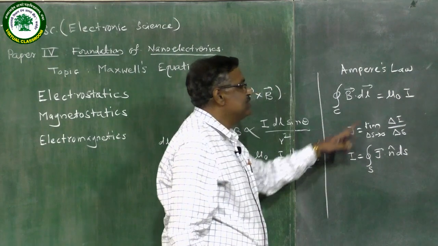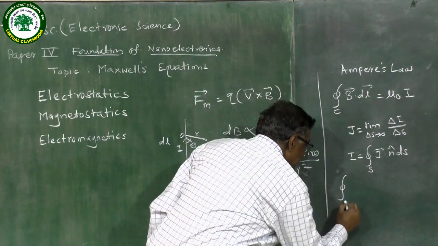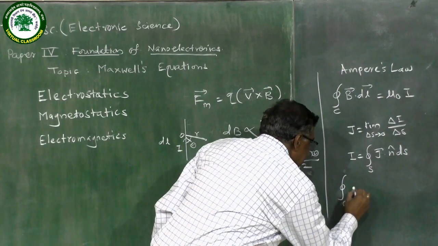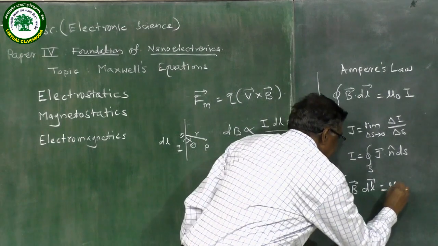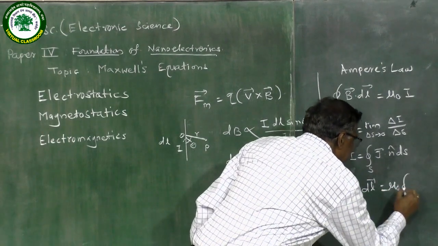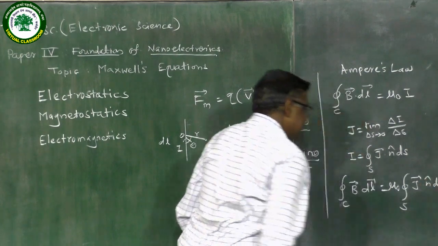This is the expression for I. If we put this value in the equation, we write the integral over C of vector B dot dl is equal to mu 0 into the integral over S of vector J dot n ds.